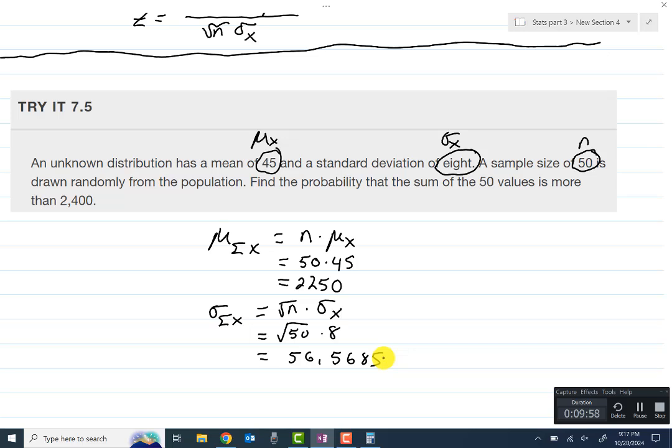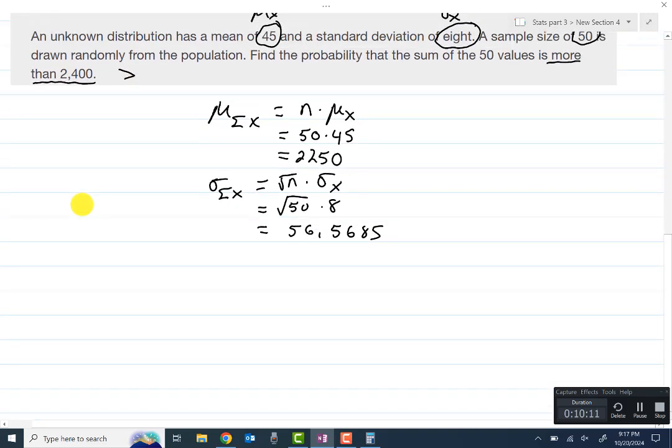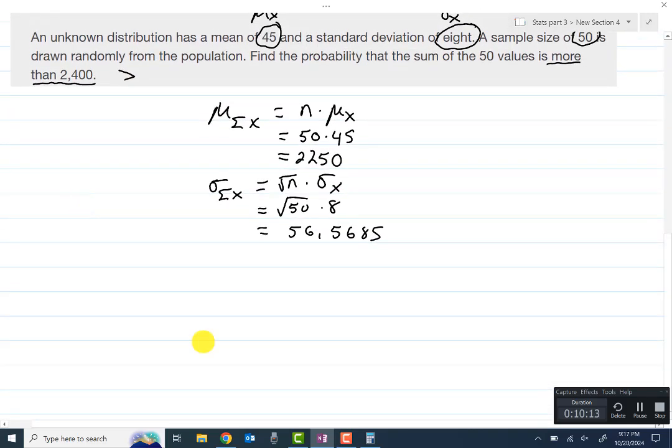Find the probability that the sum of the 50 values is more than 2400. More than means greater than, so we're going to have something shaded to the right. Let's take a look at a picture.